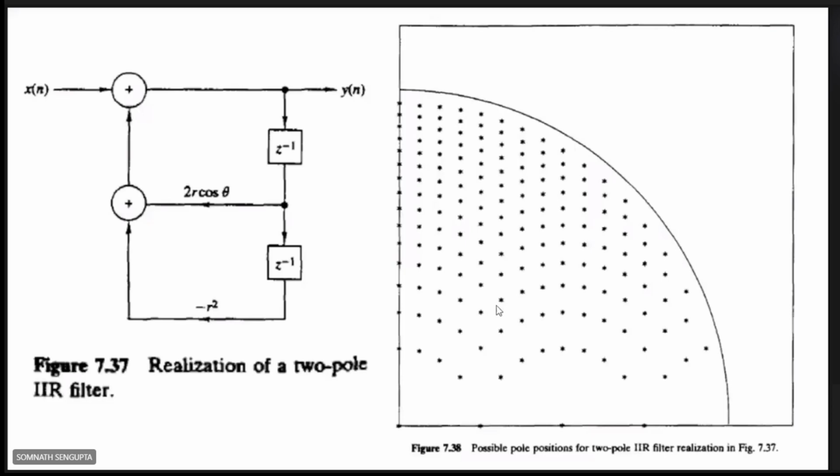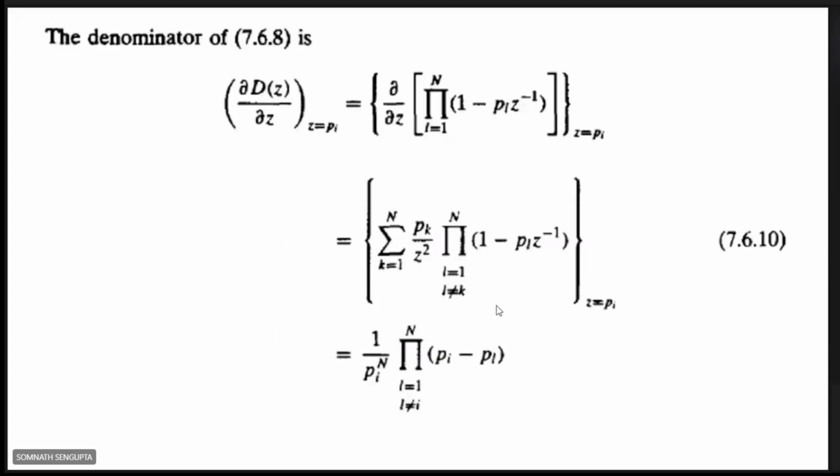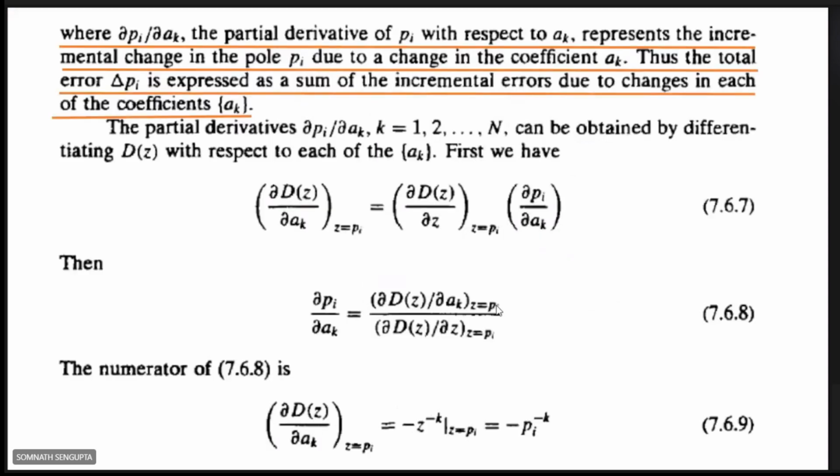You may go through these examples, but the purpose of this topic is clearly understood: we have seen that the poles are affected a lot when the filter coefficients get changed, and that occurs due to the quantization.